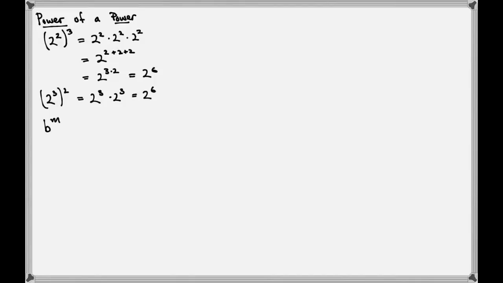If I take b to the m and I raise it to the nth power, I can multiply those exponents, m times n. And this is the same as b to the n to the m. Observe I've changed the order of the exponents because the order that I multiply m and n together really doesn't matter. I could put n first or m second, and I would have the same exponent.